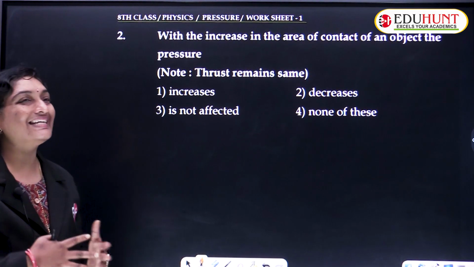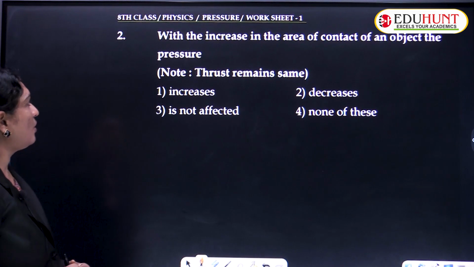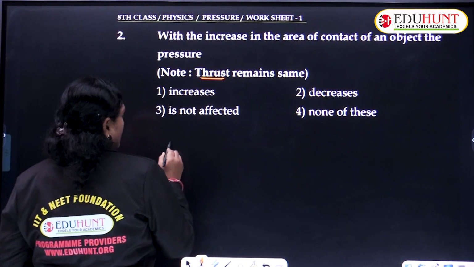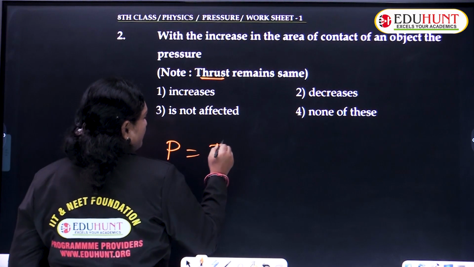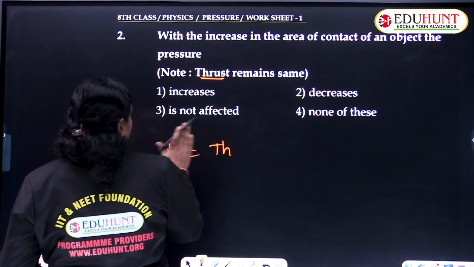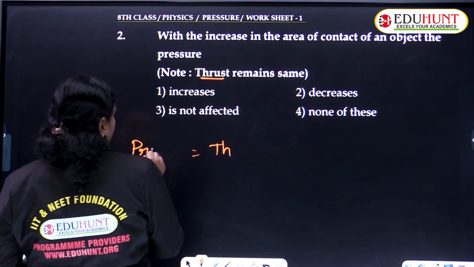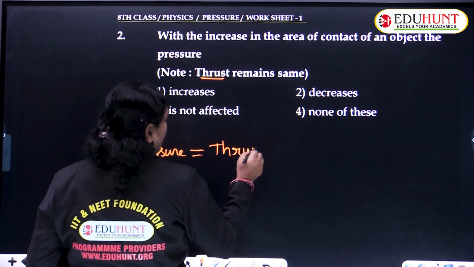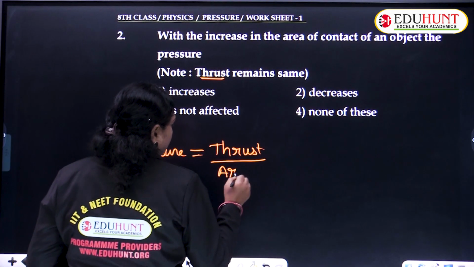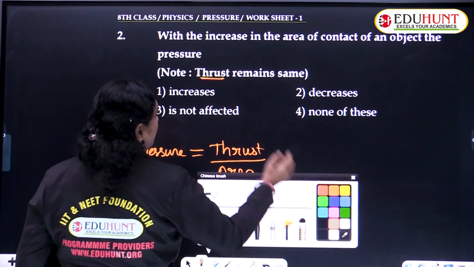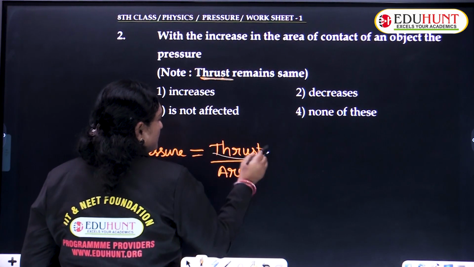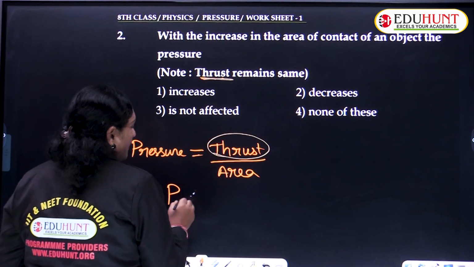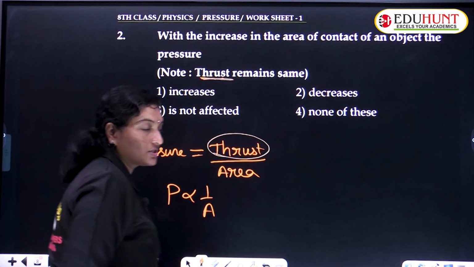With the increase in area of contact of an object, the pressure. They said that thrust remains the same. As we know, pressure is defined as thrust upon area, but since thrust remains constant, we can clearly say that pressure is inversely proportional to area.